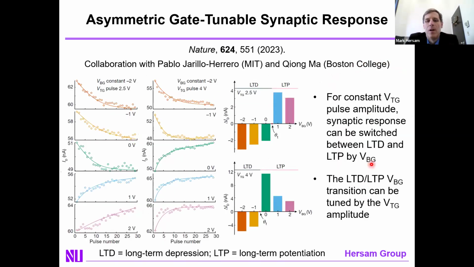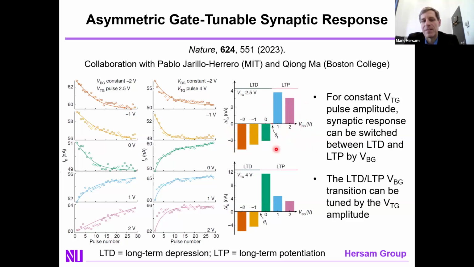So what I'm showing you is the degree of depression, or reduction in conductance, or potentiation, increase in conductance, as a function of the bottom gate. And as you can see, as a function of the bottom gate, you switch between depression and potentiation. That in and of itself is not new. I just showed you can do that utilizing the MEM transistor.